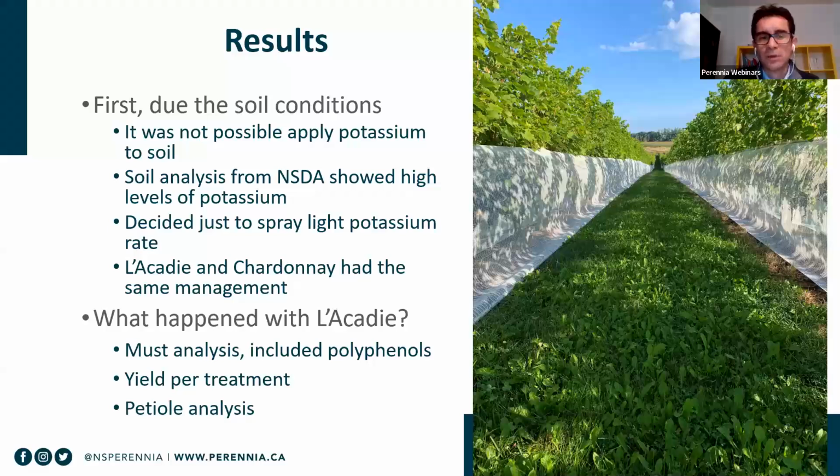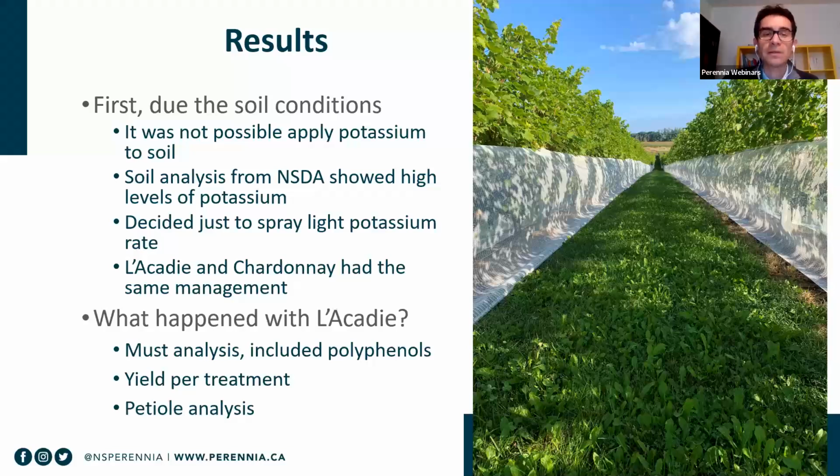So, because we were aware of the situation and didn't want to harm the plant health, we decided just to spray a light potassium rate, which is the 4 liters per hectare that we already saw. Lacadie and Chardonnay had the same management. We didn't want to make more changes, so we proceeded in that way.